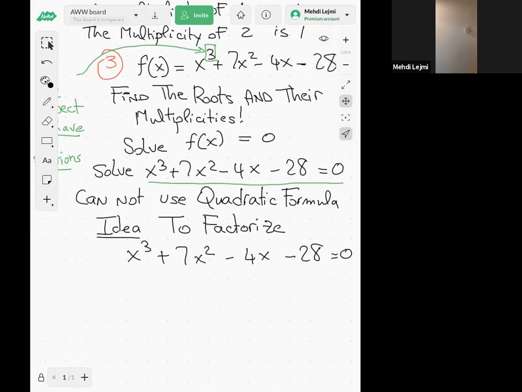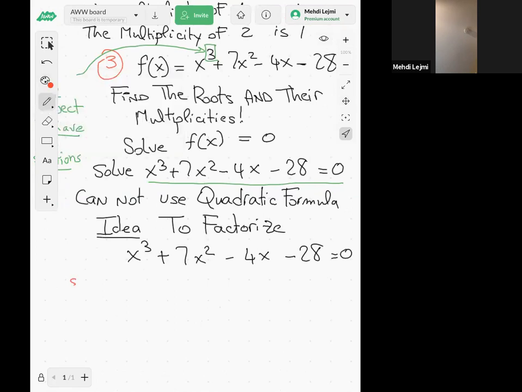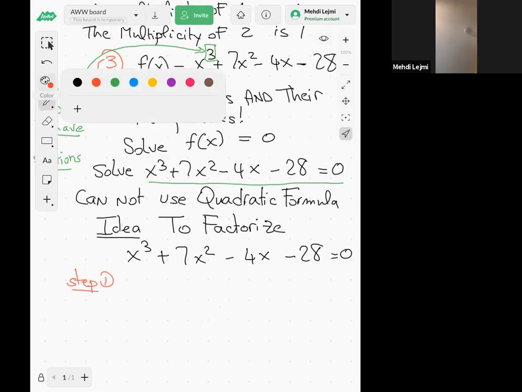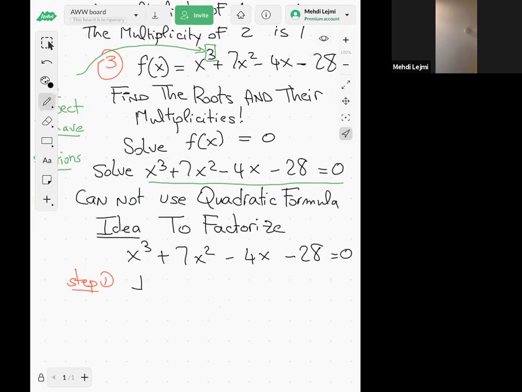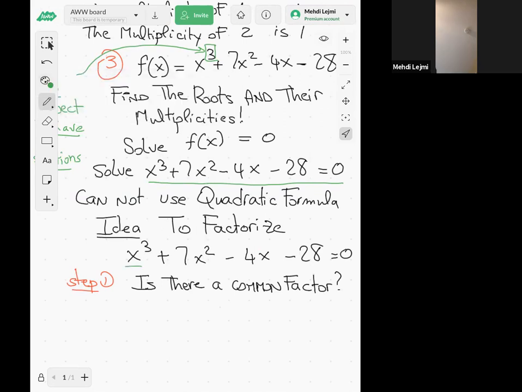So step 1, you can ask yourself, is there a common factor? Well, if you check the terms here, there's not really a common factor.